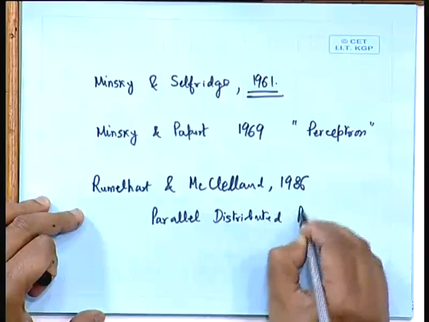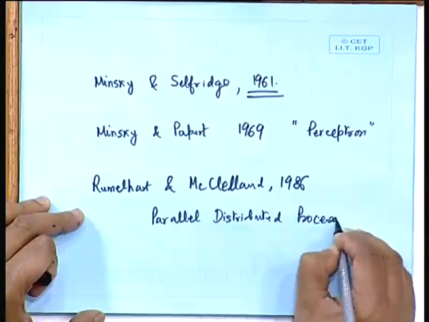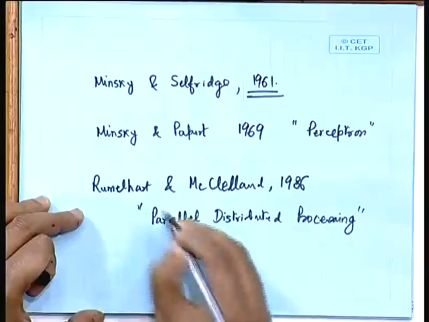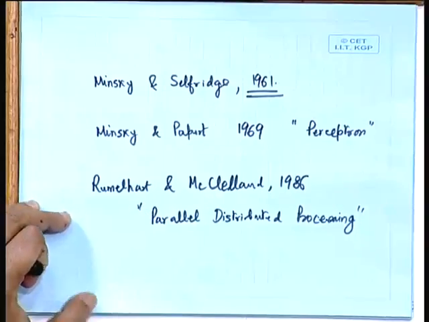Just observe the name of this book. We hear about a very popular subject called parallel and distributed processing, but here the name given to this book is Parallel Distributed Processing. There is an omission of "and", but the whole thing they tried to talk about in this book is that a neural network is definitely a parallel computational model, no doubt about it, because you can employ several neurons and do the processing independently.